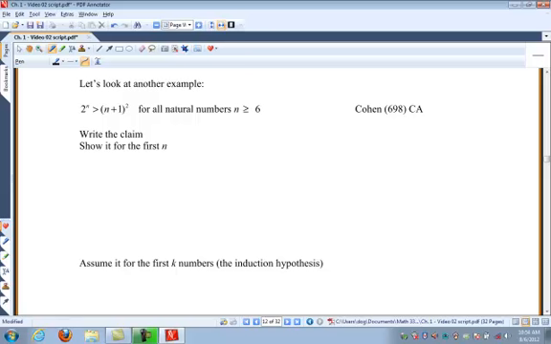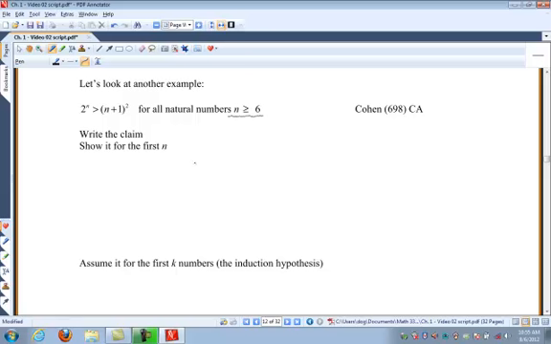Here's our claim, and it's all nicely written out, and I want you to notice, see, look, the first element in my domain is 6, n greater than or equal to 6. This is an example that shows you where you're not starting at n equals 1. So write the claim. Well, it's already written out.